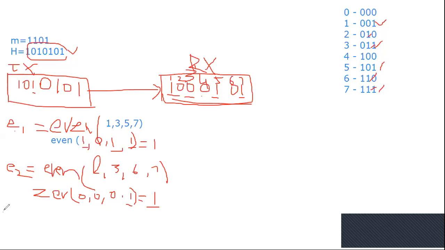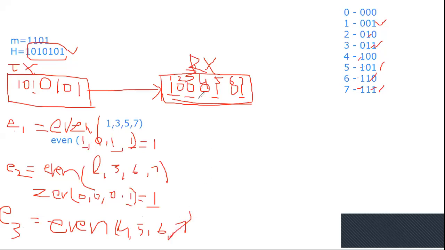In the same way, calculate E3 also. E3 equals the even parity of which bits? From this table: 4, 5, 6, 7.